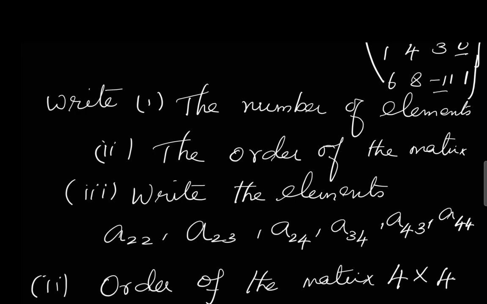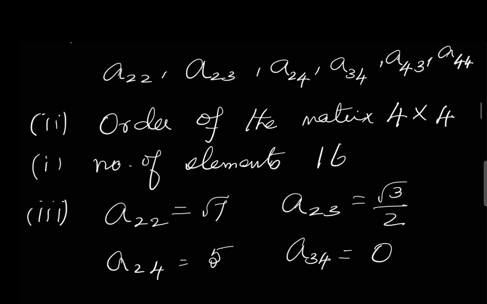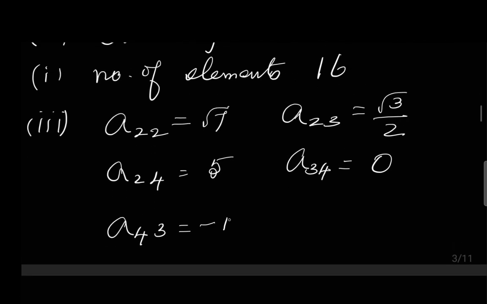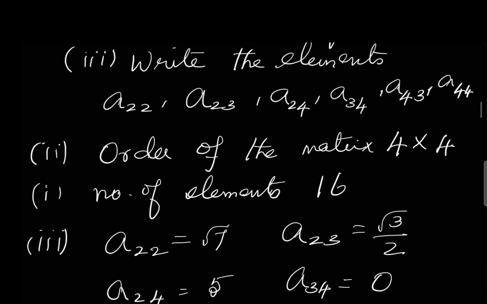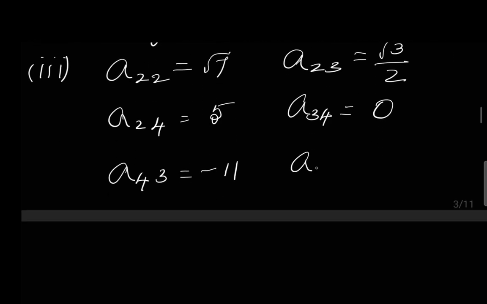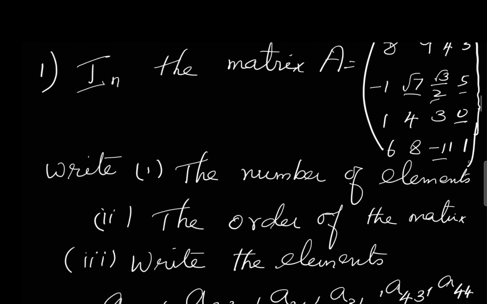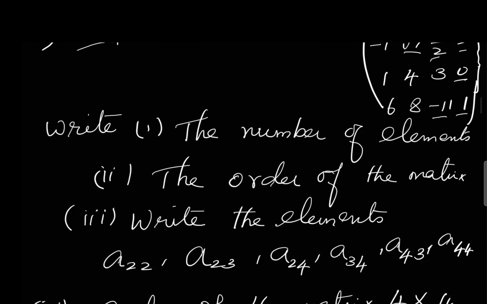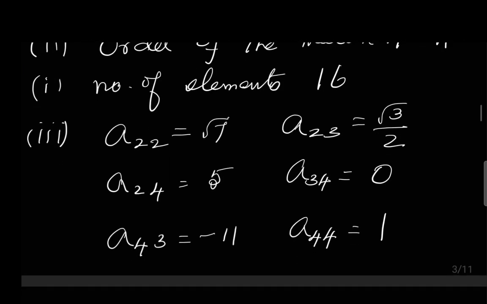It meets here minus 11. So minus 11. Next is A44. Fourth row and fourth column meets at 1. So it is equal to 1.